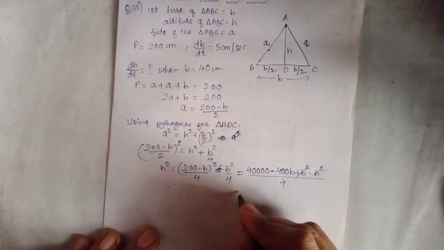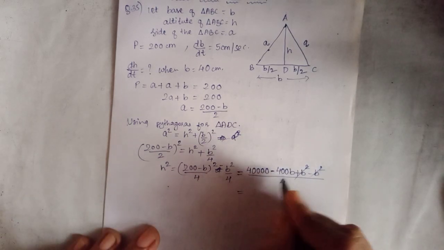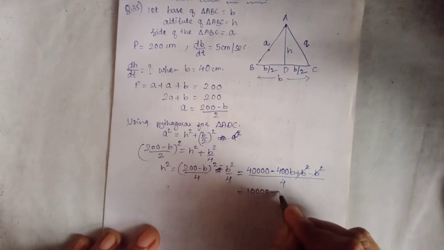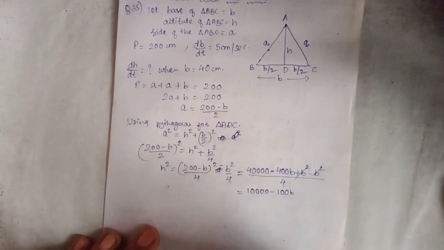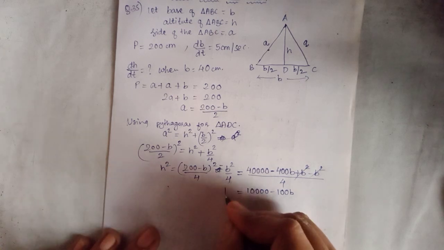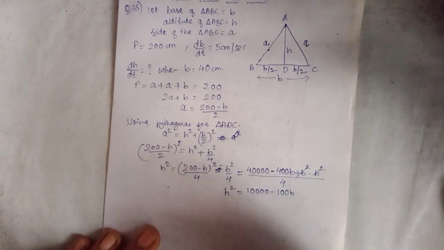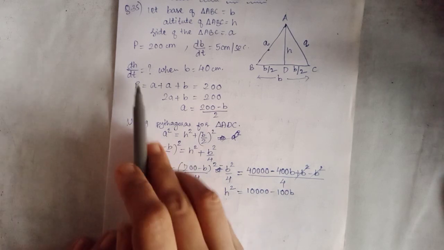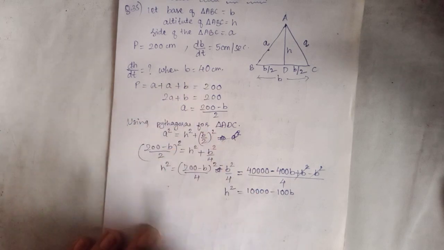So this gets cancelled, then we can divide, so this will be 10000 minus 100B. Okay, this is our H square. Now the rate of change of h we have to find, right, when b is 40.